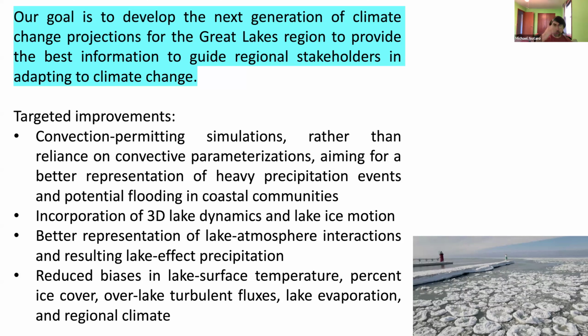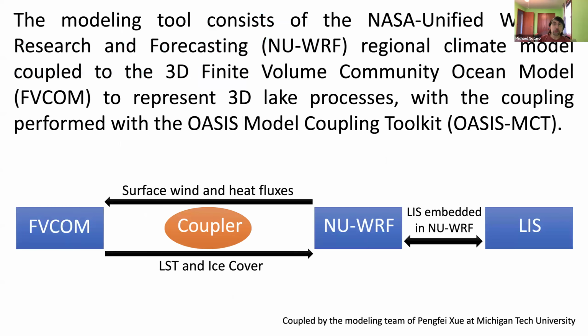And by going from a 1D lake model to a 3D lake model, we have much more accurate simulation of lake surface temperatures, ice cover, over-lake sensible and latent heat fluxes and evaporation, and also the local regional climate. Next slide.